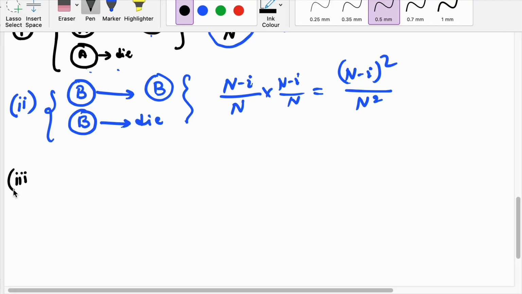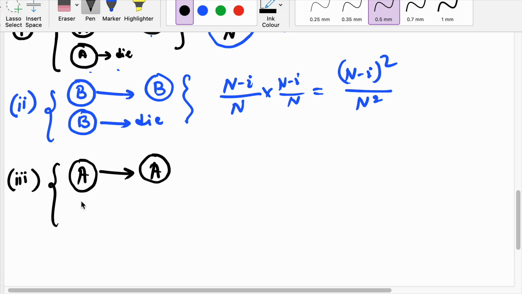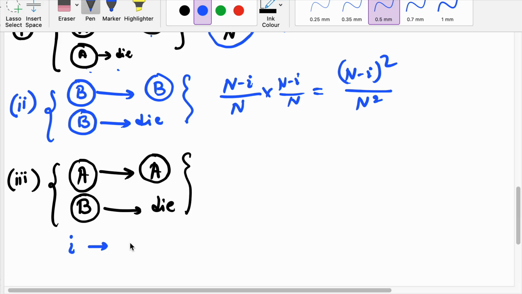Third is, I pick A to reproduce, one A type individual is born, but I pick a B type individual to die. Then what will happen? The number of A type individuals will increase by 1. So in this process my population state will change from I to I plus 1.